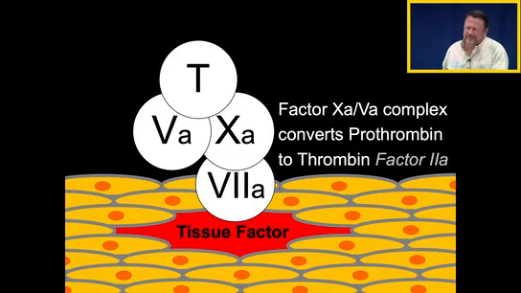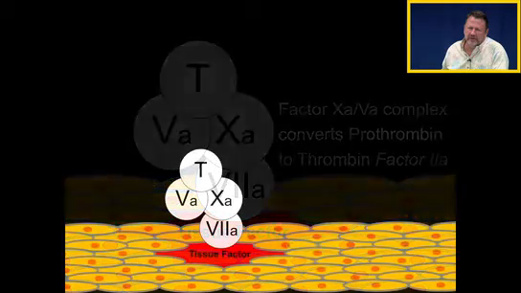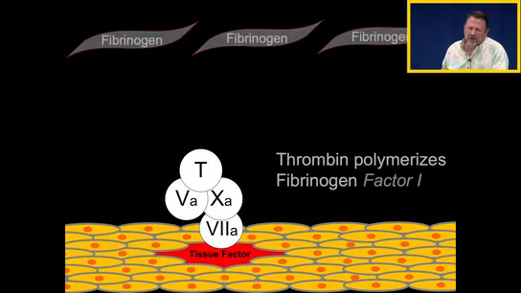Right? And again, when you take other classes, they try to get you to memorize all the Roman numerals. I generally don't recommend that. Being able to know that factor 10 and factor 10A are part of the blood clotting cascade is an important part of pharmacology. All right, we'll make this a little bit smaller here so we can continue the story.